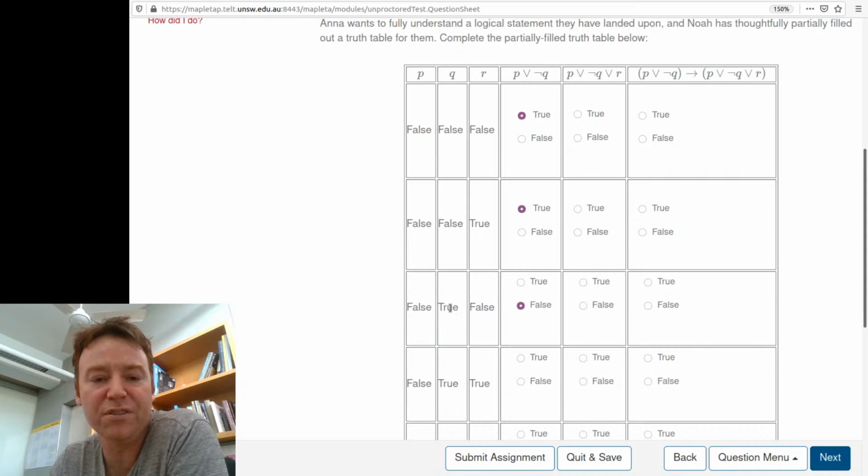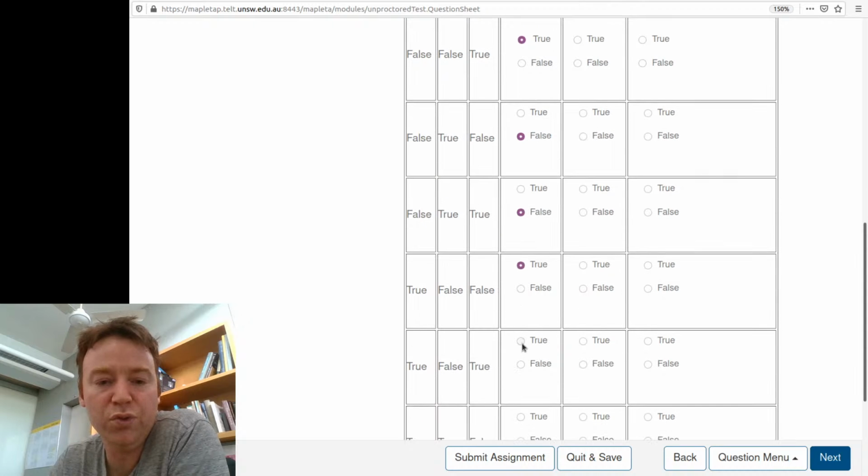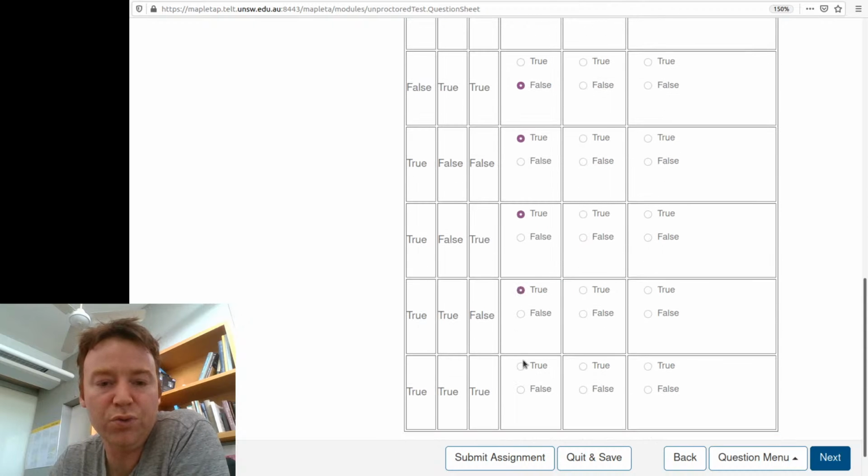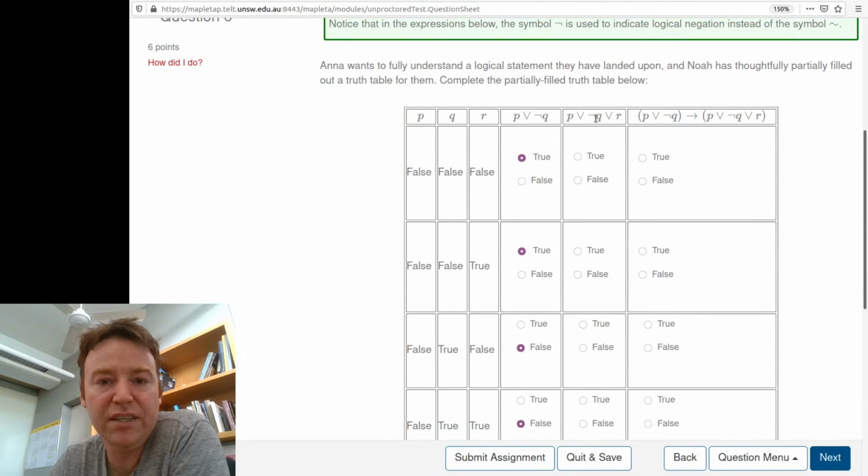False or false is false in this one. That's going to be false. Yeah, the sequence proof is easy once you realize it all just converges. All the numbers become 503 after a while. True, true, true, and true. So I did the first statement, the second statement being P or Q, or not Q or R.